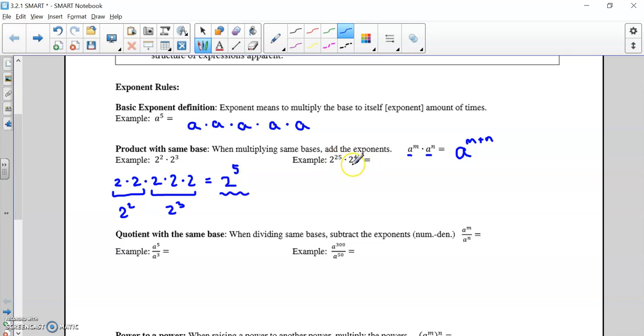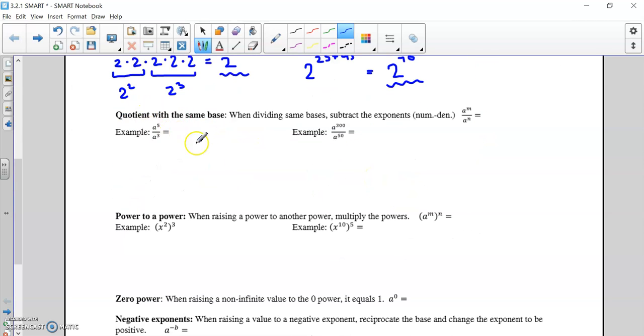Who has time to write 45 2's, right? None of us do. But luckily, we can just say that it is 2 to the 25 plus 45, whatever that ends up being, right? 25 plus 45 is going to give us 70, so we know that this would be 2 to the 70th power. All right, exponent rules make our lives a lot easier.